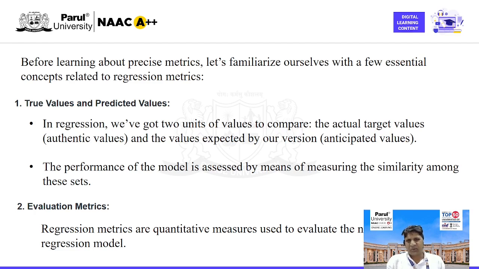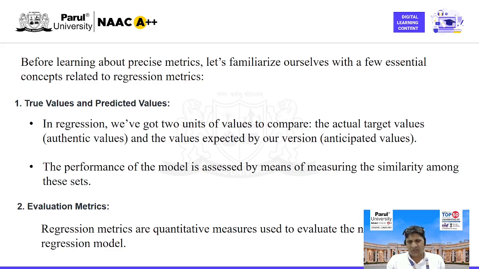Before learning about specific metrics, let's familiarize ourselves with a few essential concepts related to regression metrics. When we talk about linear regression or any type of regression, we need to know some basic terminologies used in regression metrics, known as true values and predicted values.